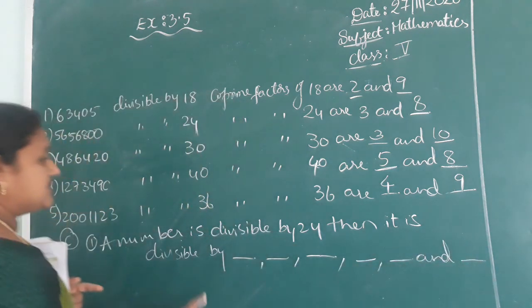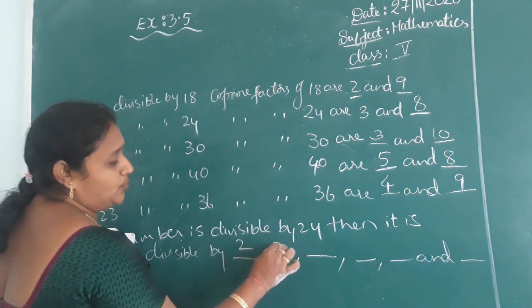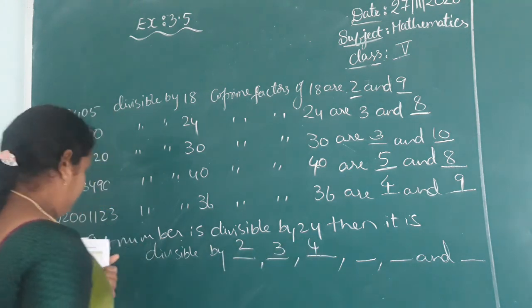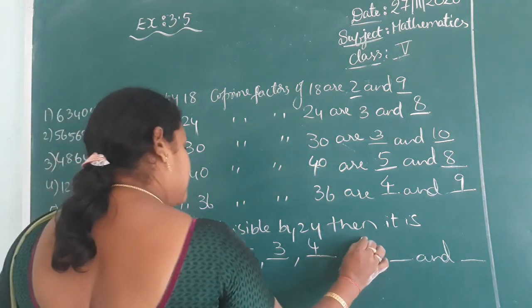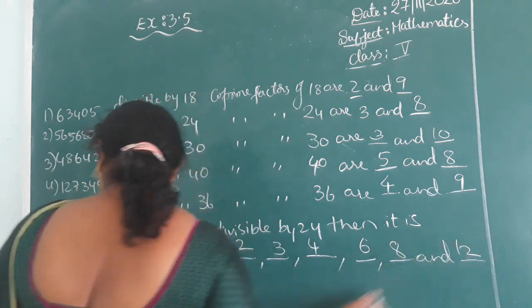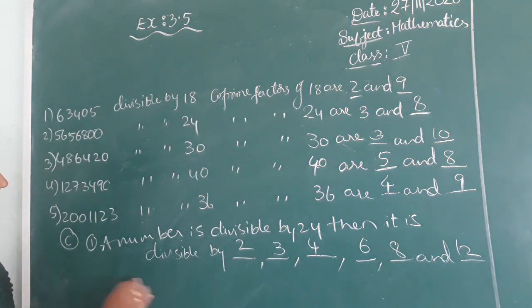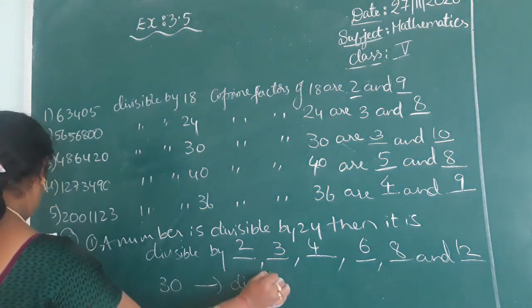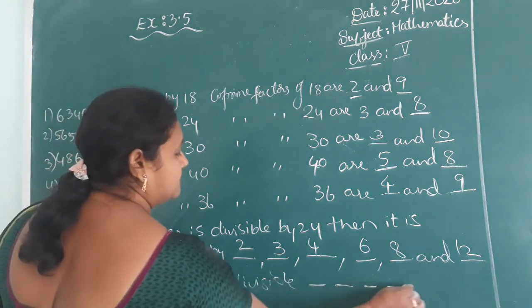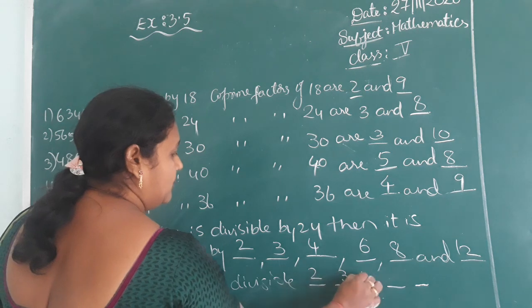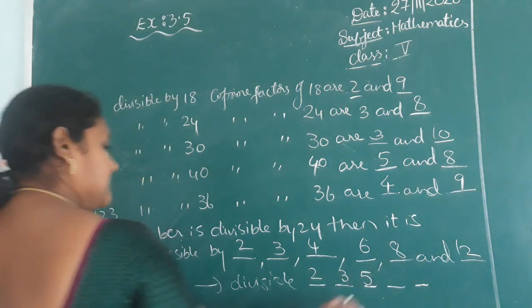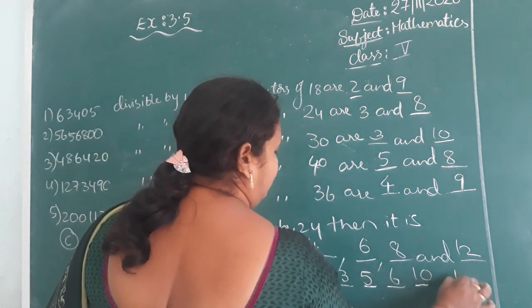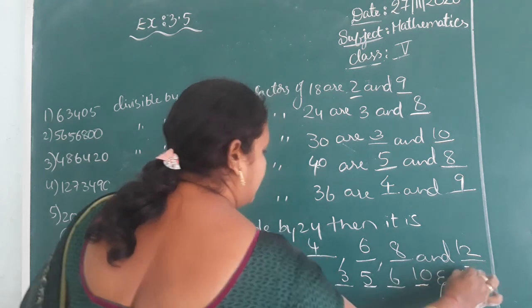If a number is divisible by 24, it is divisible by 2, 3, 4, 6, 8 and 12. Like that, if a number is divisible by 30, it is also divisible by its factors: 2, 3, 5, 6, 10, 15.